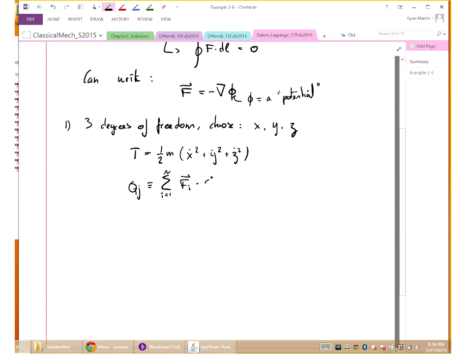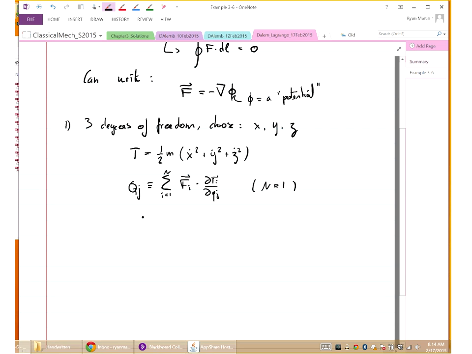And that's just a definition here of ∂Ri by ∂Qj. So we have only one particle, right? And F could be the net force on that particle, but there's only one force in this case.